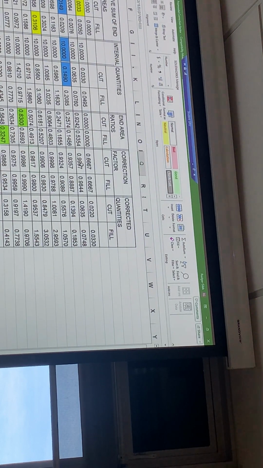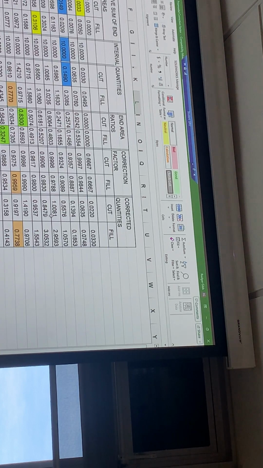Now from that correction factor, we can now come up with a new cut and fill area, and so therefore just looking at that last one, that for example is going to be equal to that times the original quantity. There's not much difference. That's 0.777, that's 0.7738.